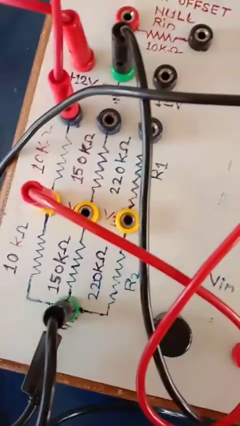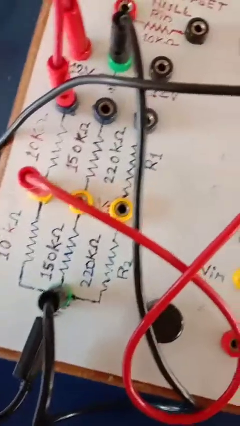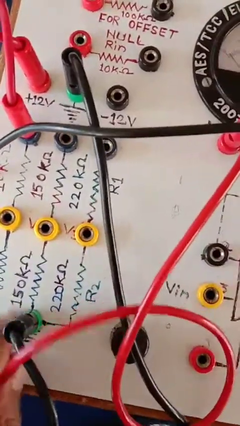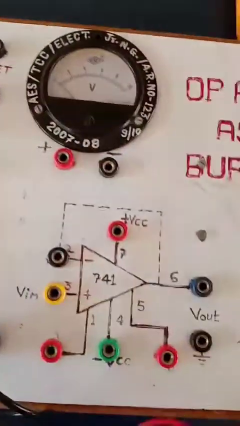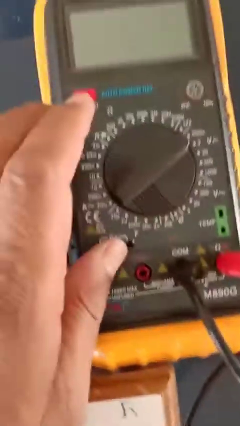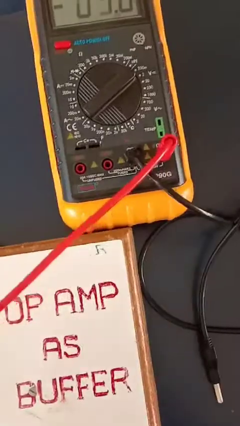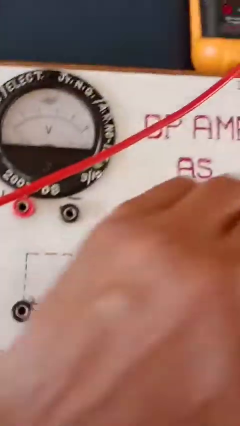Okay, now instead of this analog voltmeter, we are using a digital multimeter. See here, this is a digital multimeter. I am switching on this multimeter and I am connecting the positive of this multimeter across R2 and negative to the ground.